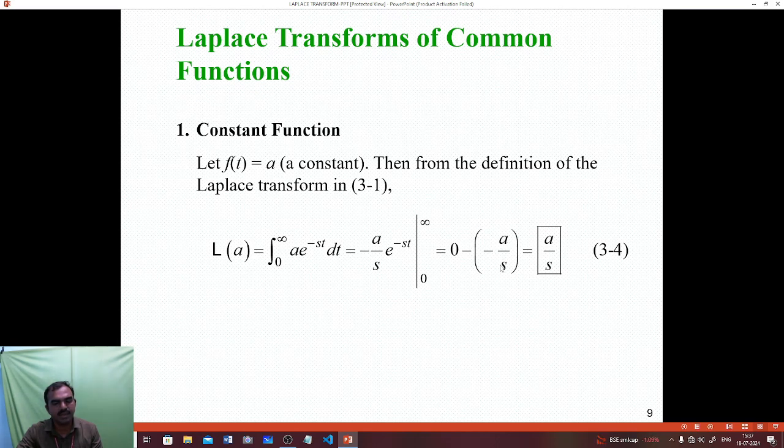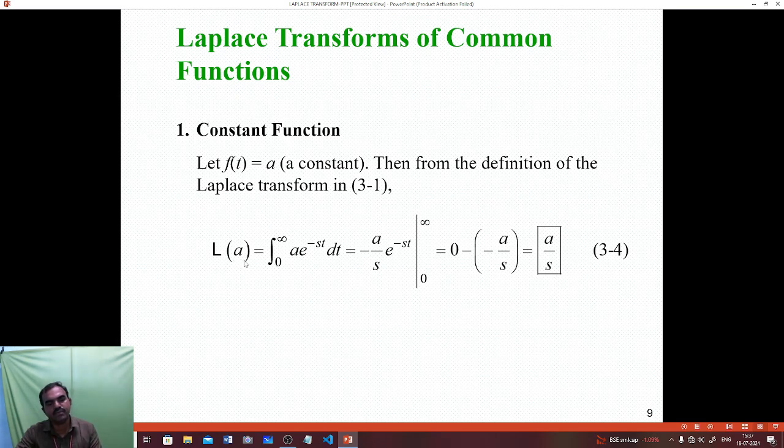So minus a by s. So here minus and minus gives plus a by s. So what is the formula for L of a? L of a is a by s. So if we take the Laplace transform of a constant function, our answer is the constant divided by s.